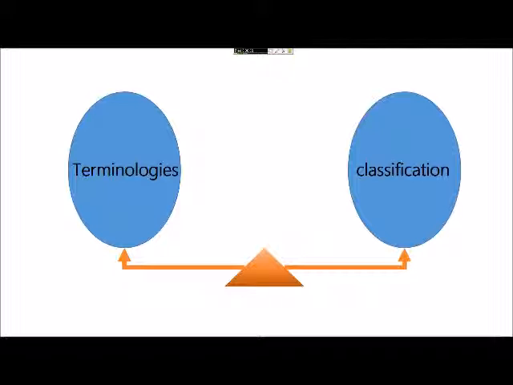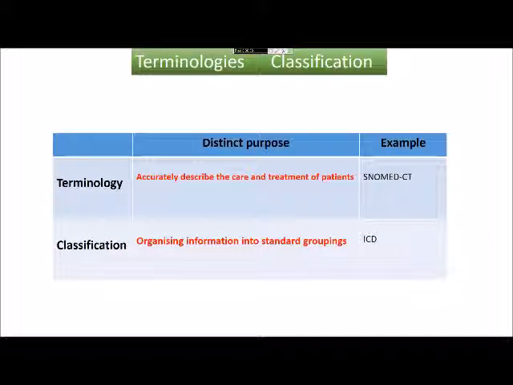In this part, I will introduce what kind language to communicate and change clinical information with many systems. Before introducing the SNOMED CT and ICD-10, we may to know that what is terminology and classification. Terminology is the structure, vocabulary used in clinical practice to accurately describe the care and treatment of patients.